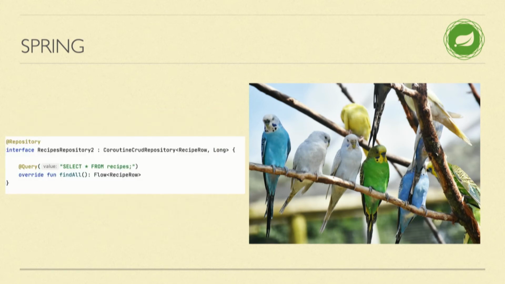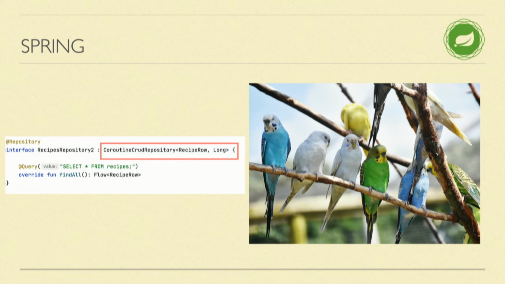Let's have a look at Spring code then. This is how a Spring repository, for instance, looks like. And this is why I said Spring Webflux and coroutines, that's already a valid Kotlin candidate, as I can extend my repository from the coroutine CRUD repository, returning a flow object.